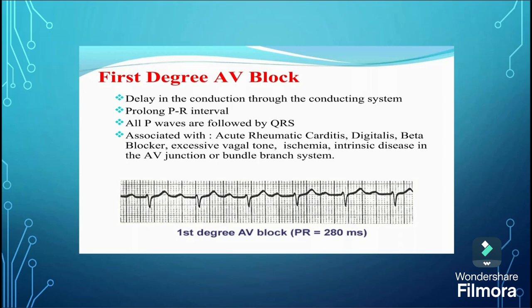All P waves are followed by QRS, and it is associated with acute rheumatic carditis, digitalis, beta blocker, excessive vagal tone, ischemia, intrinsic disease in the AV junction or bundle branch system. So this is first degree AV block. So PR interval is prolonged.